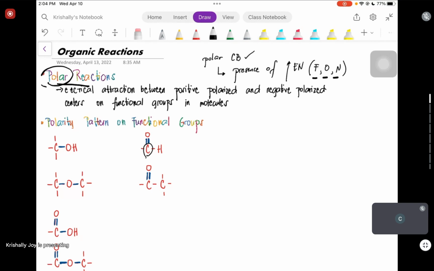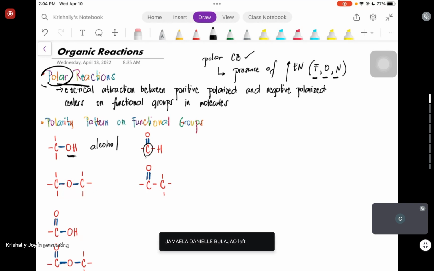Okay. And since you have learned already the different functional groups and their general formulas, you will observe that there are hydrocarbon derivatives whose functional group contains oxygen. Example, alcohol. The functional group of alcohol has oxygen, OH.